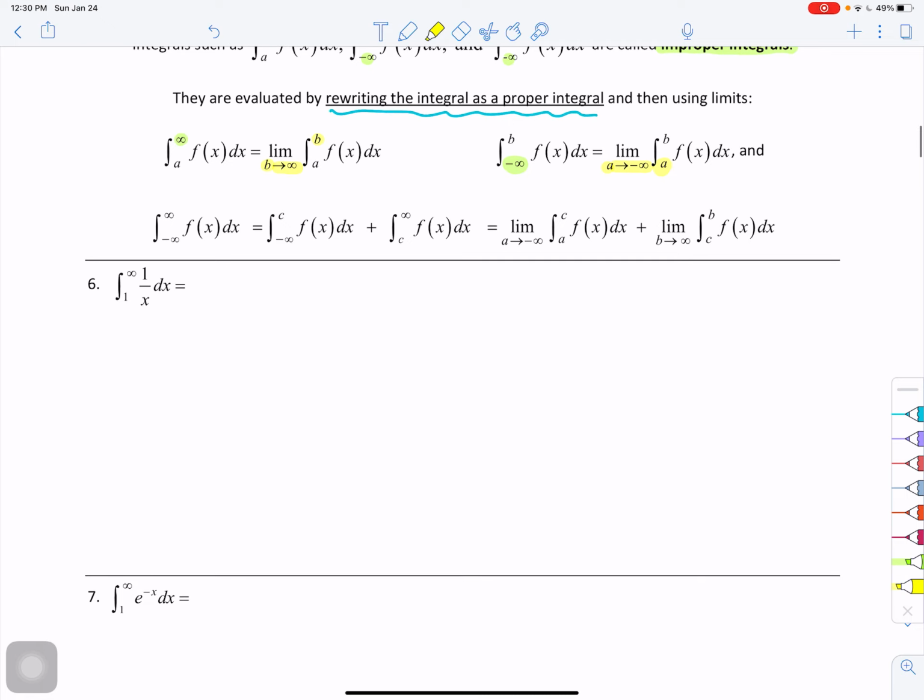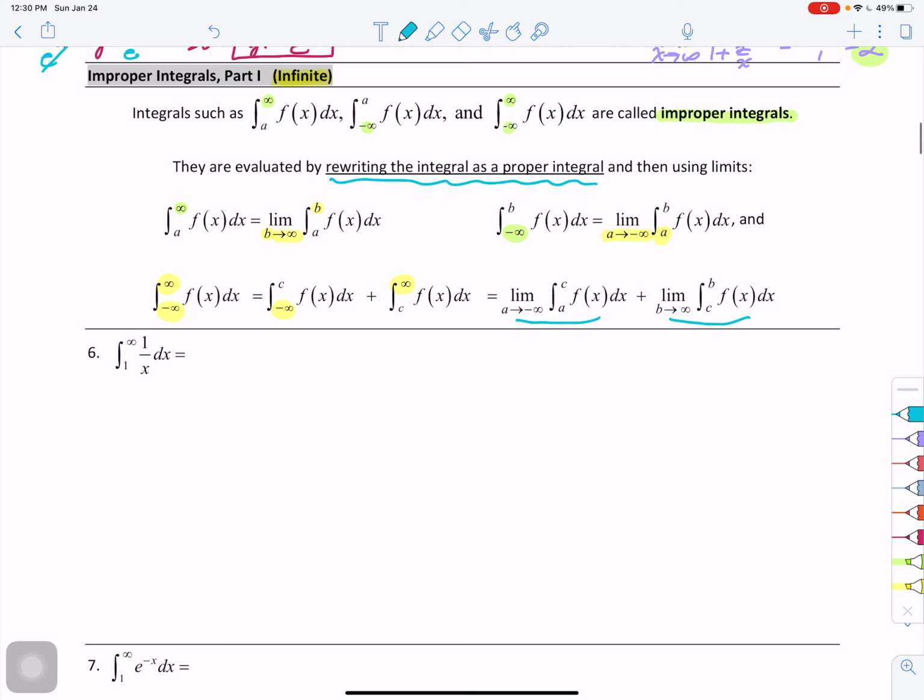If you happen to have both, you will place c in the middle of the integral and come up with two improper integrals, and then create two integrals with limits as noted above.